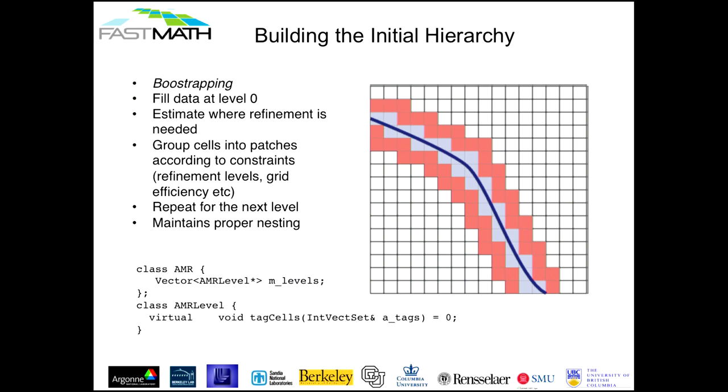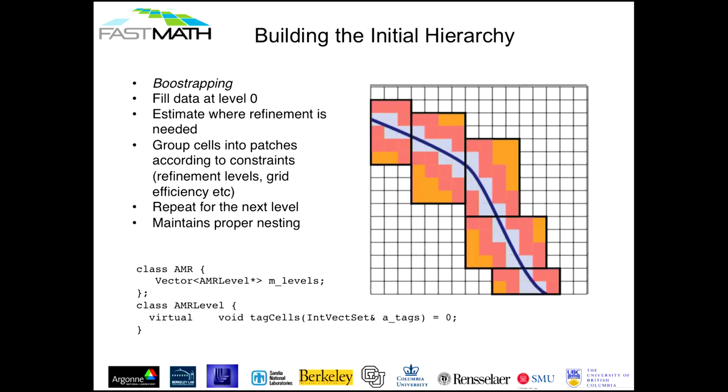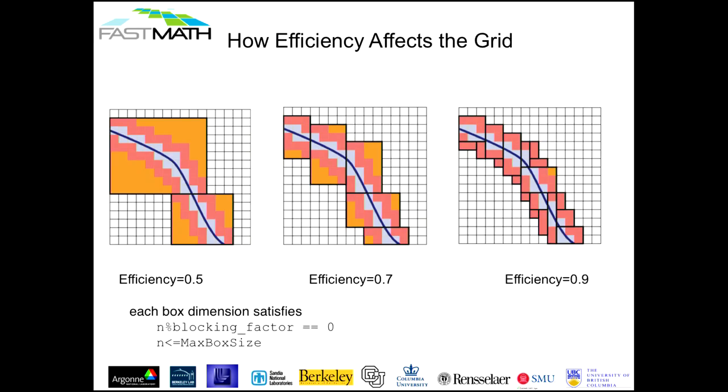Well, it's going up, there's an up and down process here. So you go up, you go down, up, down, up, because you have to have proper nesting at the end of all this. And then we're going to tag those based on the efficiency. The efficiency factor says how much of that box has to have tags in it before I'll drop the box in.